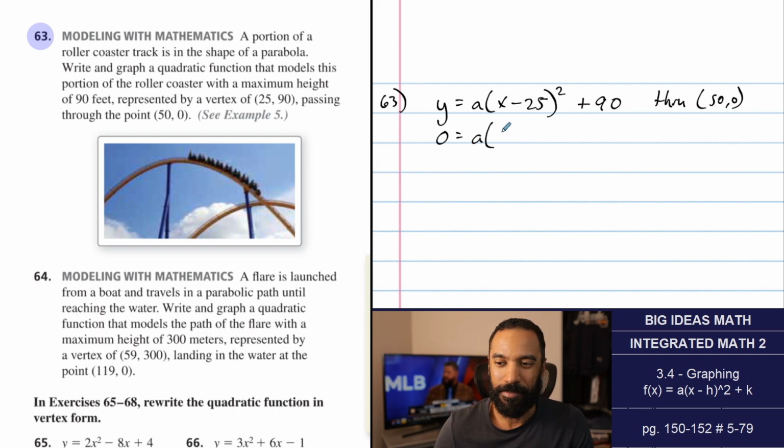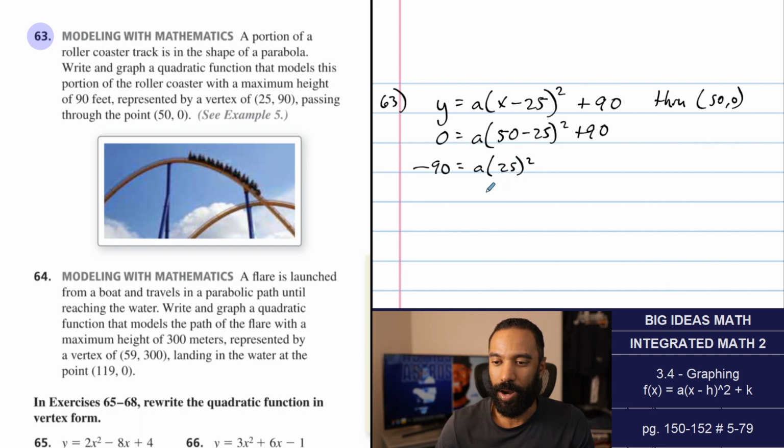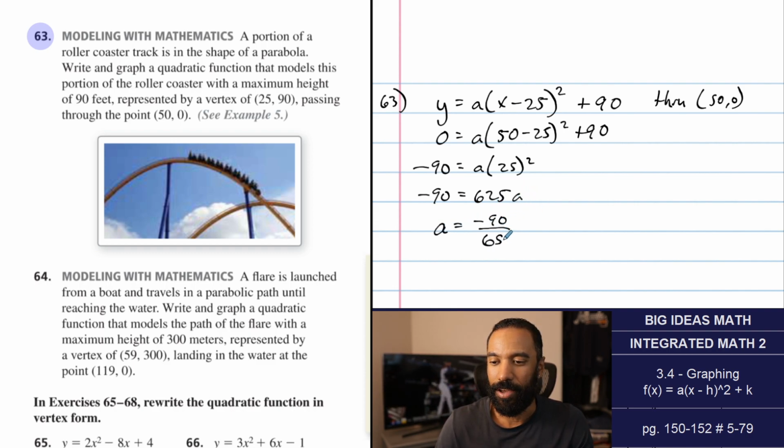So 0 equals A times, x is 50, 50 minus 25 squared plus 90. I'm going to subtract 90 over, and I'm going to do A times 25 squared. 25 squared is 625. And that's what I was saying before. Your A value is going to be negative 90 over 625. Now, at the very least, I can divide it by 5.